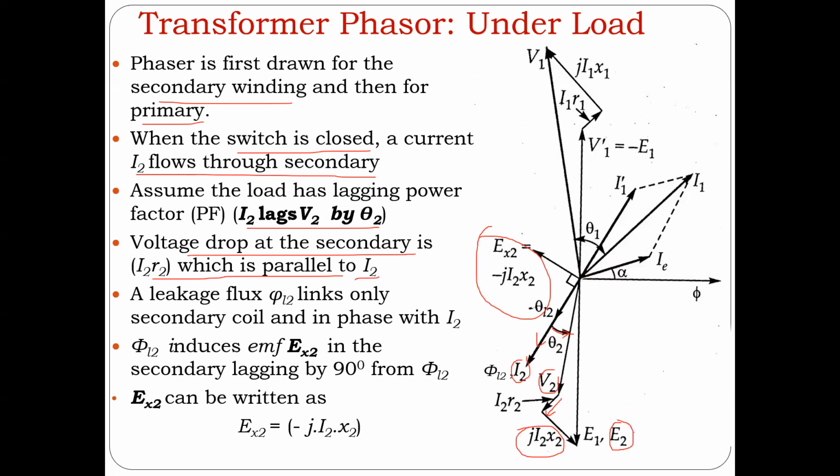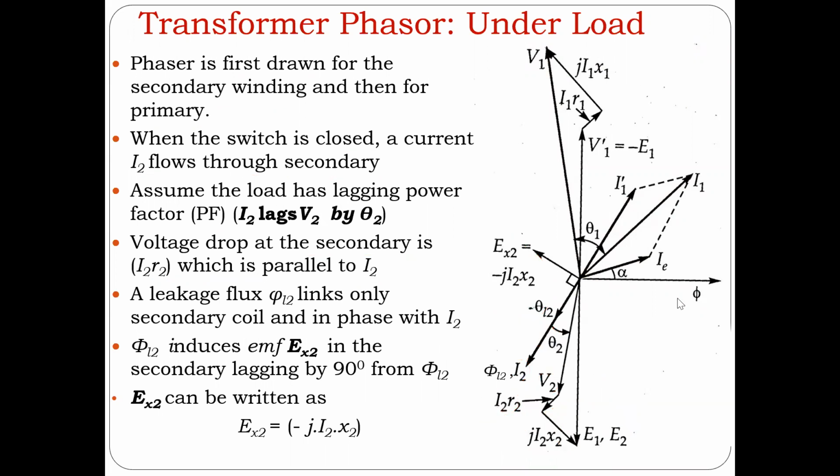So what I'm saying is, the E2 induced into the secondary coil is consumed by this part, and the remaining V2 would appear across the load. So what appears at the load is not the same as E2. It is less than E2.